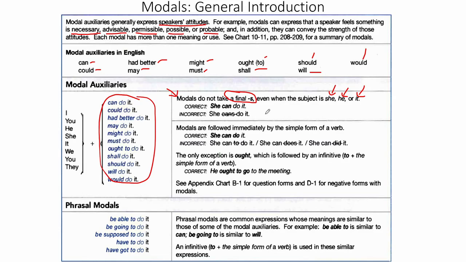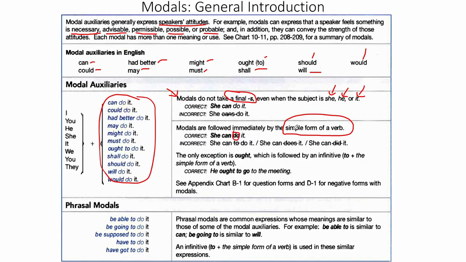Modals are followed immediately by the simple form of the verb. What do we mean by the simple form of the verb? We mean the infinitive without to. She can do it. So here we have do, the infinitive without to.